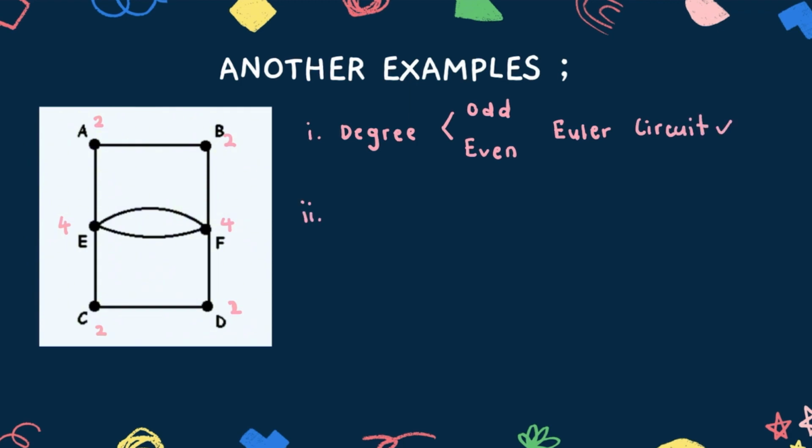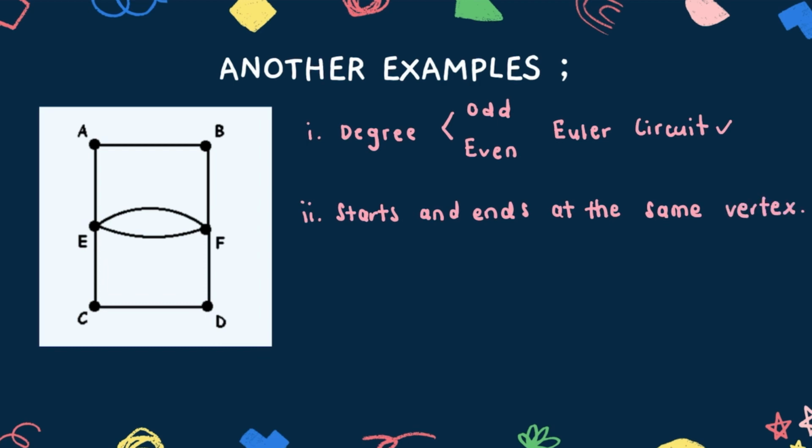So for the next step, an Euler circuit must start and end at the same vertex. Therefore, you can look at the graph here.